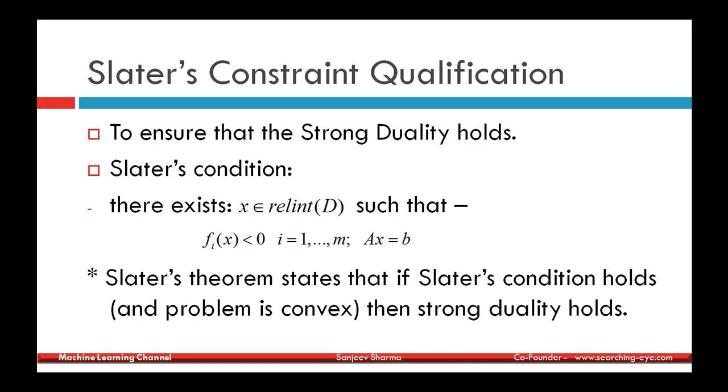If these conditions hold and x belongs to the relative interior of the domain, then Slater's theorem states that if Slater's conditions hold, then strong duality will hold if the problem is convex.